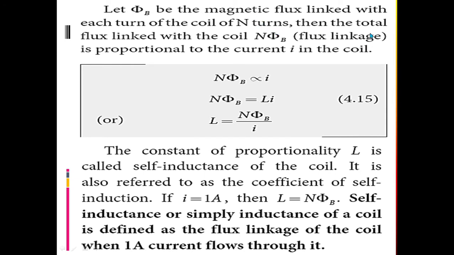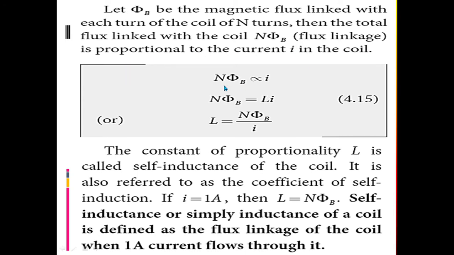Then the total flux linked with the coil, N phi B, the flux linkage, is proportional to the current I in the coil.